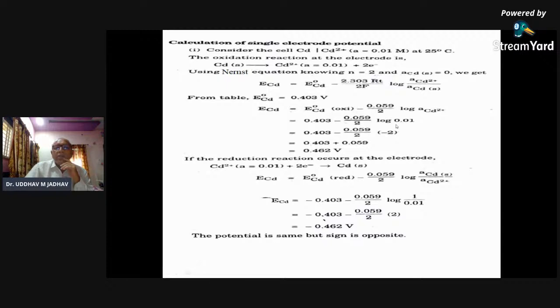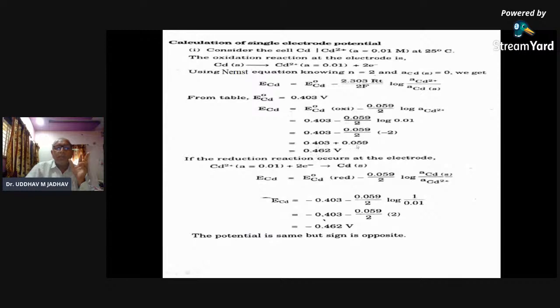Now what is this 0.01? The 0.01 is nothing but 10 raised to minus 2, and remember well, log of 10 raised to minus 2 is always minus 2, because log of 10 to base 10 is 1. So it will be minus 2, and for that 0.403, now this 2 and this 2 will get cancelled, and the minus will become plus.